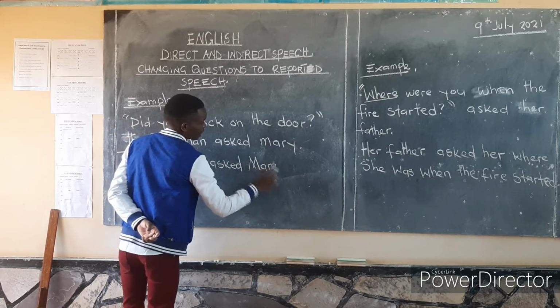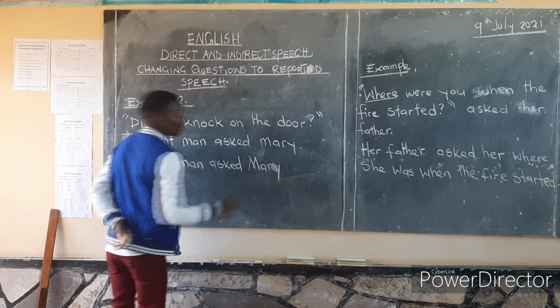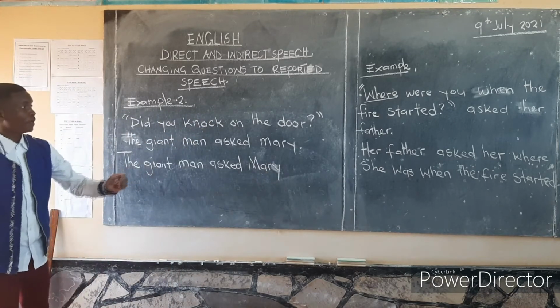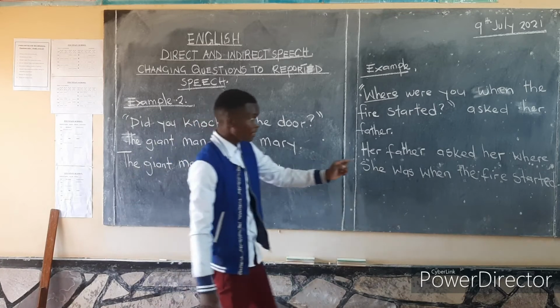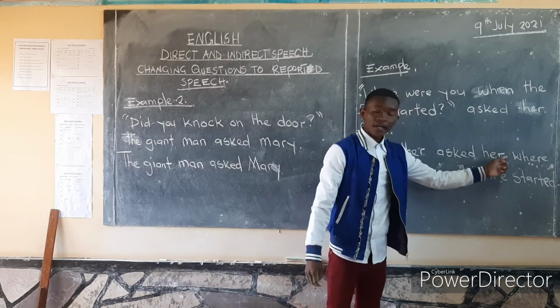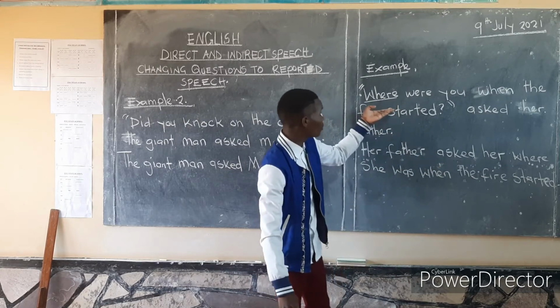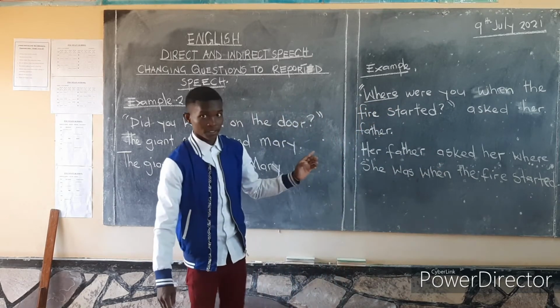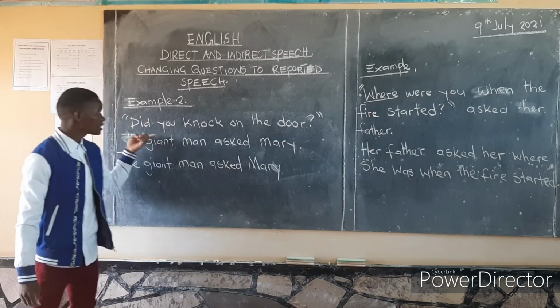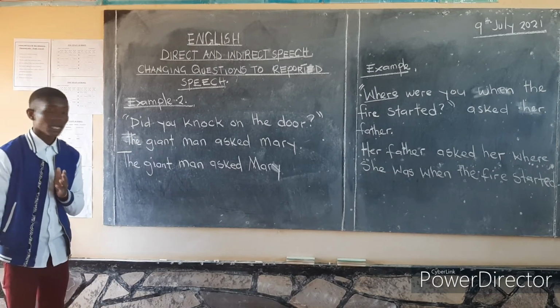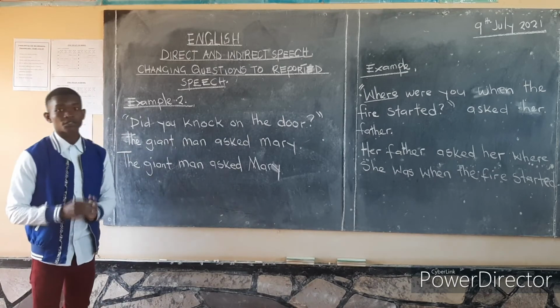But now, here, you can only use the interrogative word there if you are dealing with interrogative questions. But in this case, this is not an interrogative question and it's not having any interrogative word.